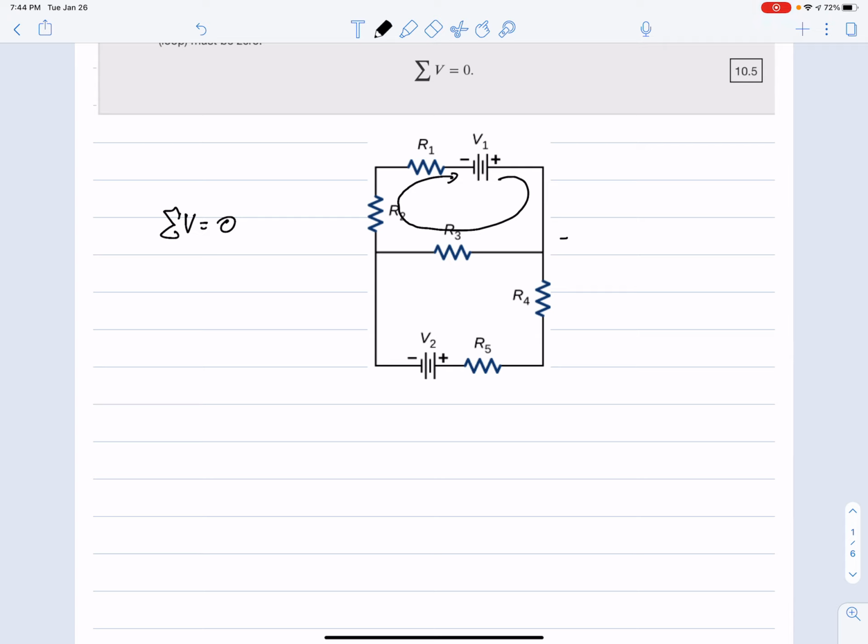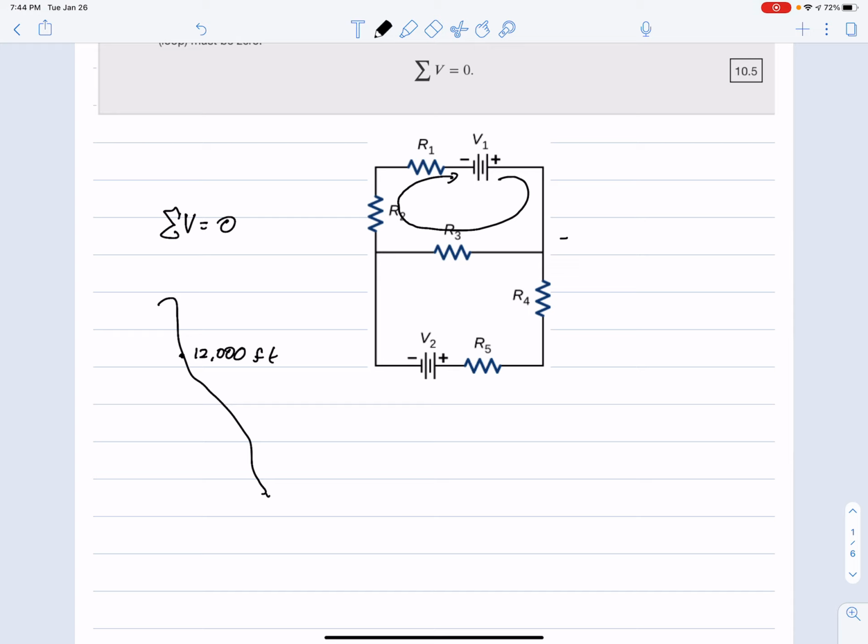One thing I want to clarify about voltage in general. Voltage is in reference to something that you pick. It's very much like potential energy. So let's say this is a mountain, and I say this mountain right here is 12,000 feet. How do I know it's 12,000 feet?